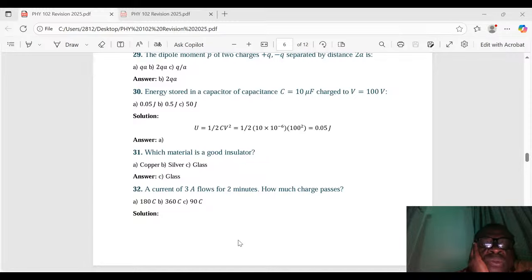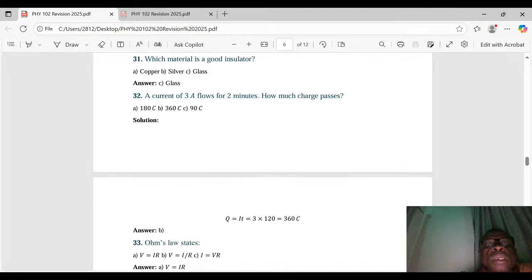Number 32. A current of 3 ampere flows for 2 minutes. How much charge passes through it? The formula is Q is equal to IT, or you can say I is equal to Q over T. But what we are looking for is charge.